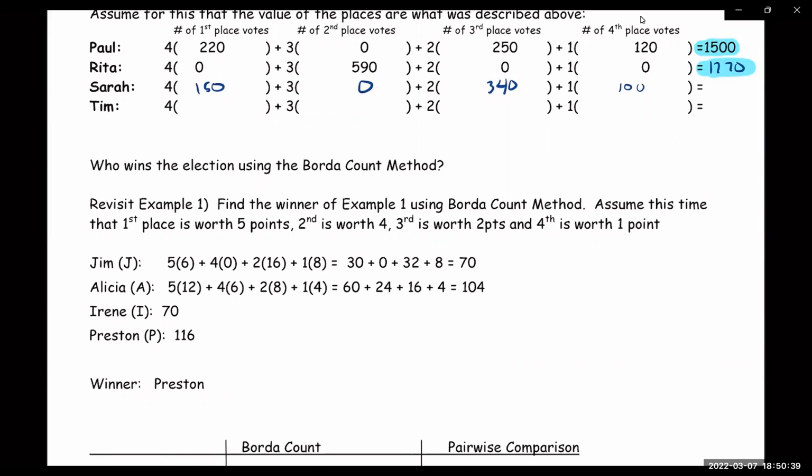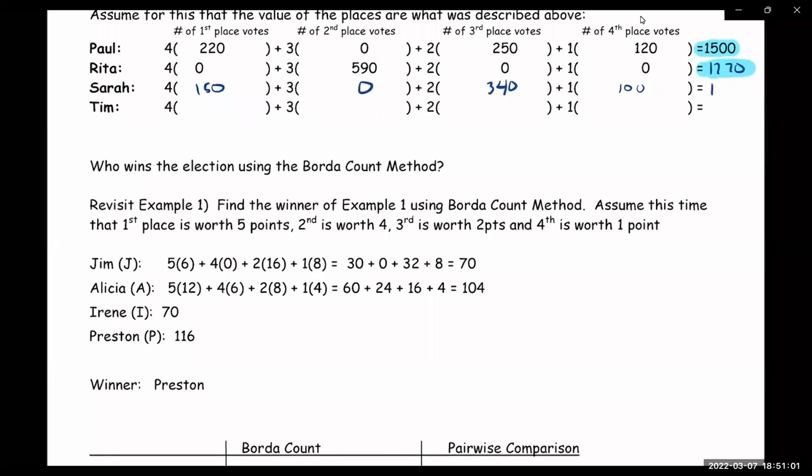Well, multiply and add, so you'll do 4 times the first number, and then 3 times that is 0, and then 2 times 340, and then 100 times 1, and then those sums you'll add up to get the answer. Yeah, that's exactly right. Did you say 1,380? Yes, 1,380 is what I'm getting. So far it still looks like Rita's in the lead.